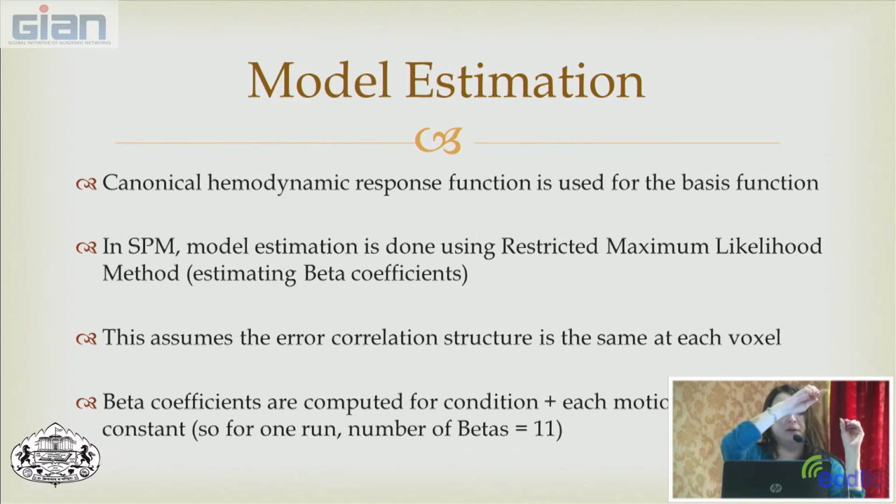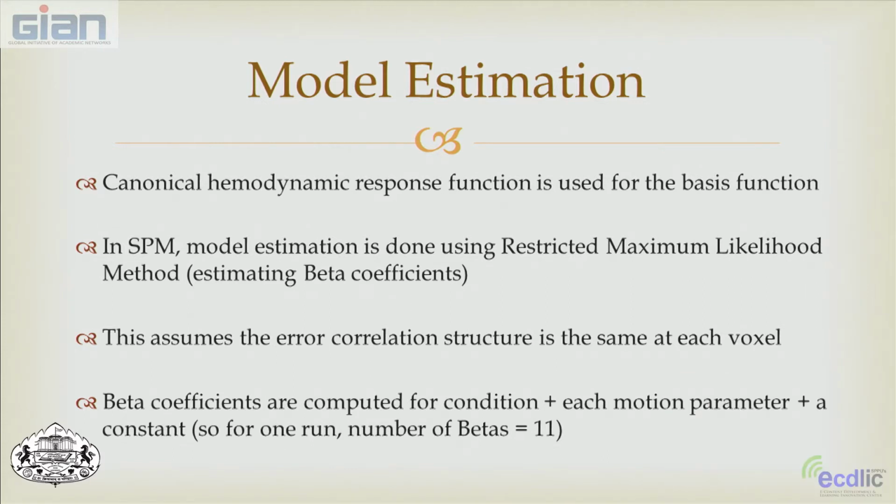So we're assuming that if our bold signal is going up like this and then coming down, what we're going to see in our data is that it's going to go up like this and come back down. The voxels in the brain that most closely match this up and down behavior in accordance with the task are the ones that are going to appear as active in our scans based on the model that we give.